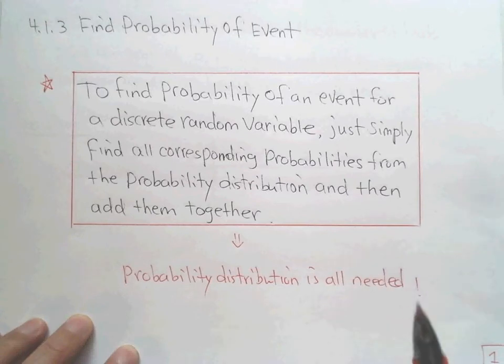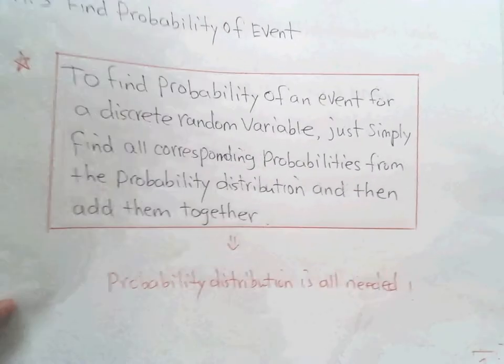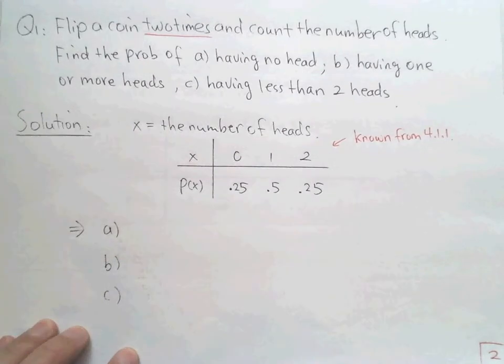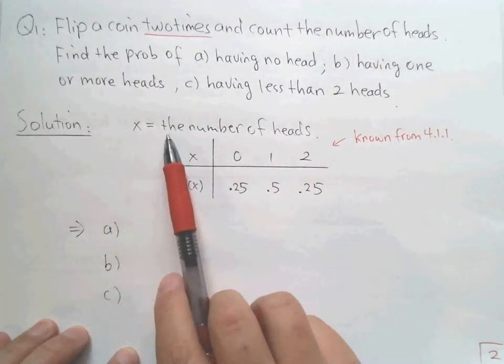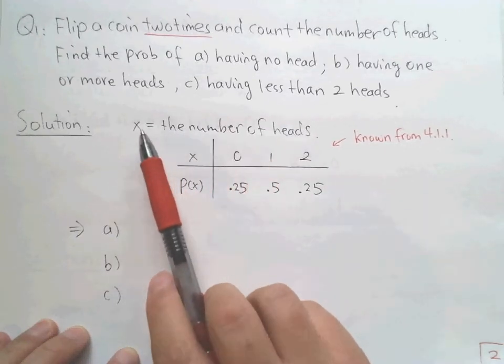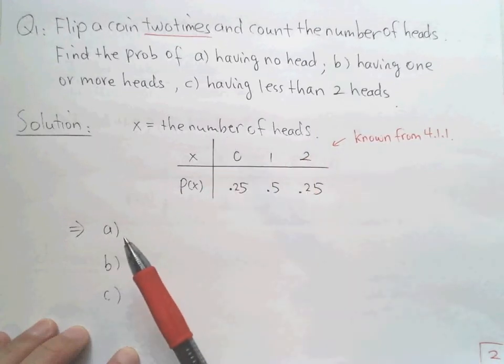Let's look at two examples. The first one takes the same example: flip a coin twice and count the number of heads. You remember this, right? X is the discrete random variable describing the number of heads among the two flips.